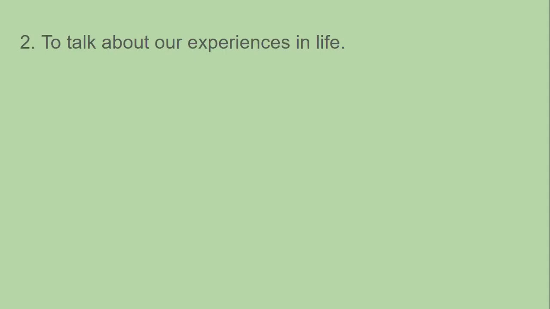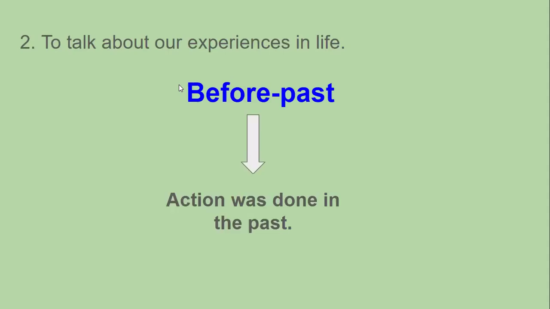Let me illustrate this as well in the form of a small diagram. So before, or the past, meaning in the past, what happens is that the action was done in the past. So, like I said, I have traveled to New York before.